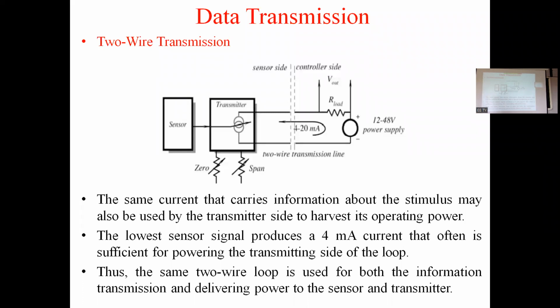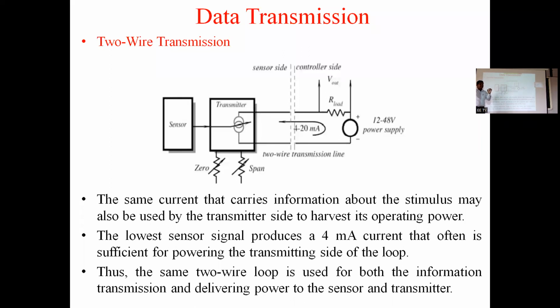So the lowest sensor signal produces the minimum value, because the range can be defined. That lowest value is nothing but 4 milliampere, and the maximum value is nothing but 20 milliampere.